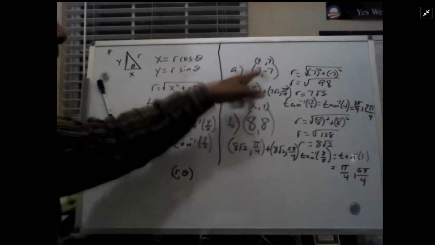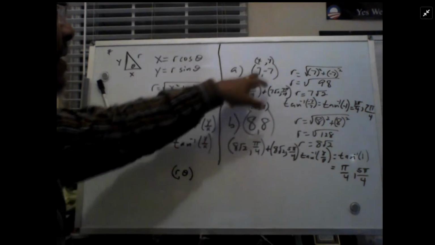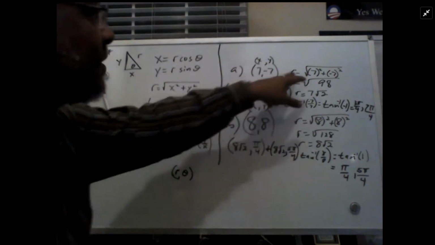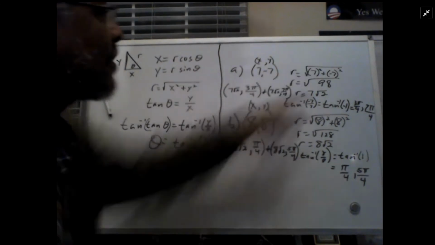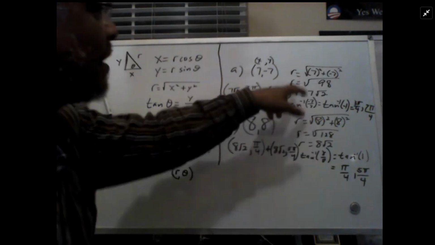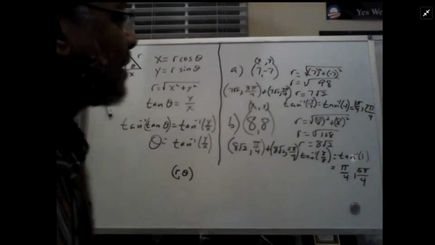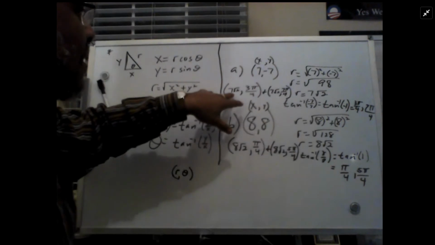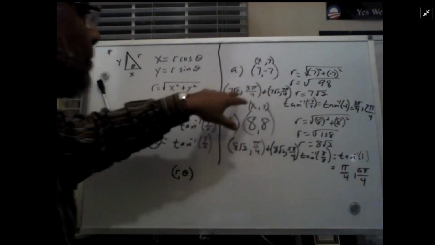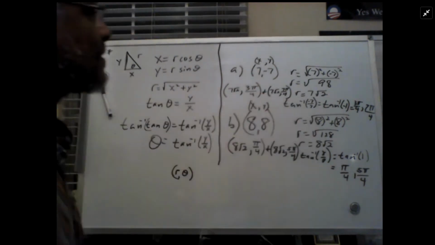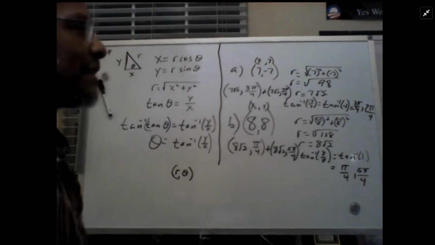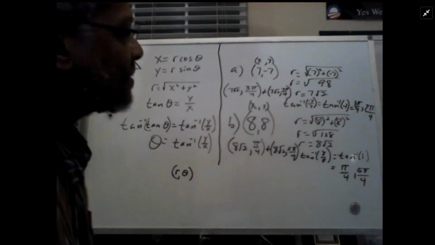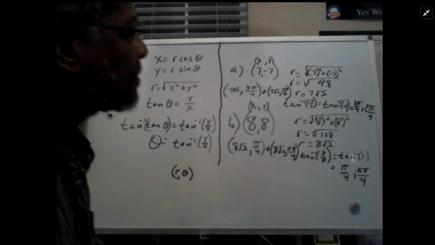Back to the rectangular coordinate example, x equals 7, y equals negative 7. The radius is the square root of 7 squared plus negative 7 squared, the square root of 98, which is 7 radical 2. So our r so far is 7 radical 2. And our inverse tangent, negative 7 over 7, is the inverse tangent of negative 1. Tangent is negative in quadrant 2 and quadrant 4.